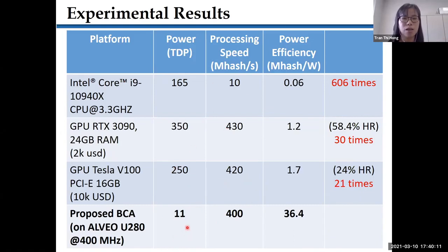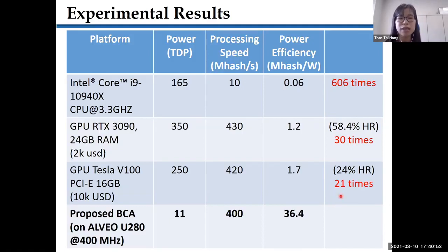You can see the BCA in FPGA consumes this amount of power, and the processing speed it can achieve is almost the same as the GPU Tesla and GPU RTX 3090. In terms of power efficiency, the BCA can improve the power efficiency compared with the CPU Core i9 by about 600 times, compared with the RTX by 32 times, and compared with the Tesla V100 by about 21 times.